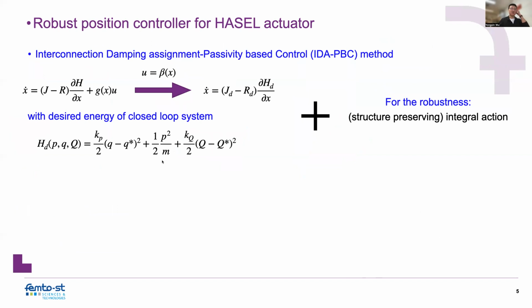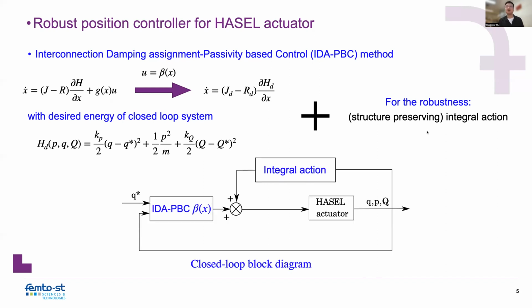The desired energy contains the desired position and the desired dynamic behavior. And to improve the robustness of this controller, we add a structure-preserving integral action. So this is the overall closed loop block diagram.